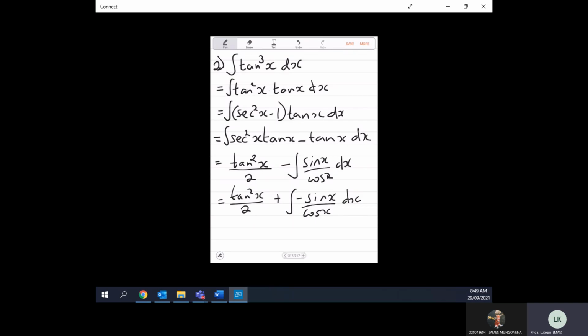So here it's like I'm integrating u prime over u, and that is just ln of u. So this is tan squared of x over 2 plus ln of cos x, and then you add your constant of integration.